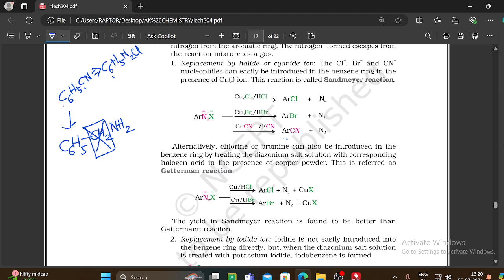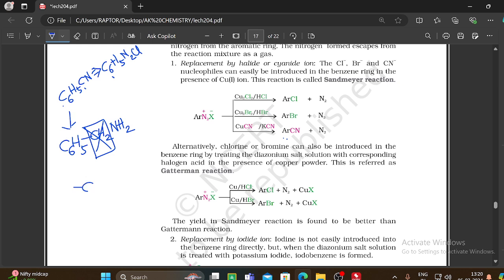So I need to reduce one carbon. Which named reaction will we use? Hoffmann bromamide reaction. When I want to reduce the number of carbons from the reactant, already I have given a hint to increase the carbon. What should I do? Grignard reagent or KCN. Correct? For reducing carbon, I should prefer Hoffmann bromamide.